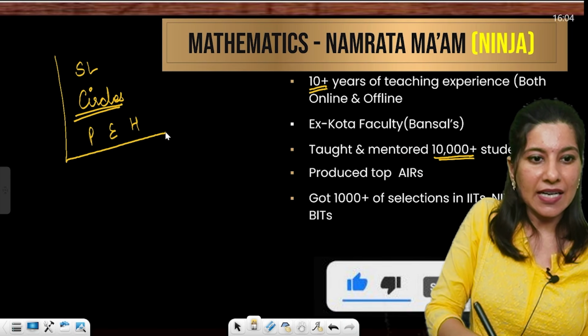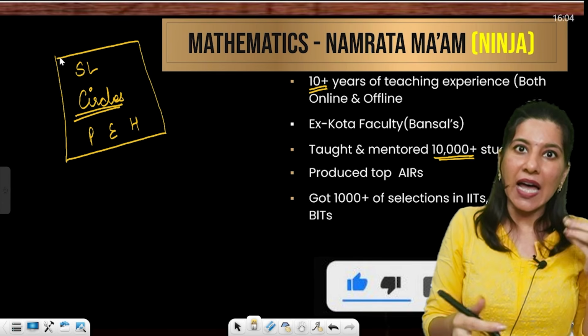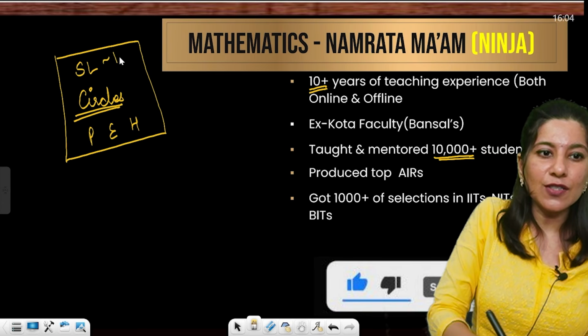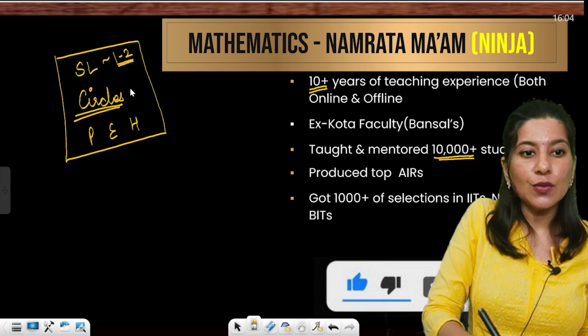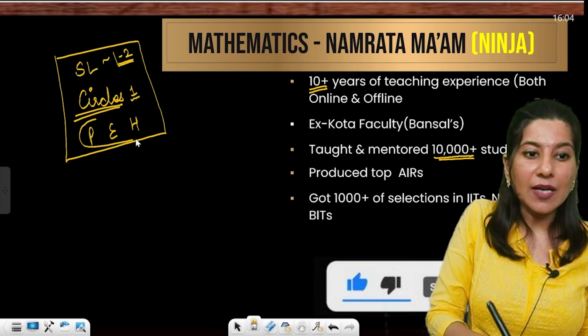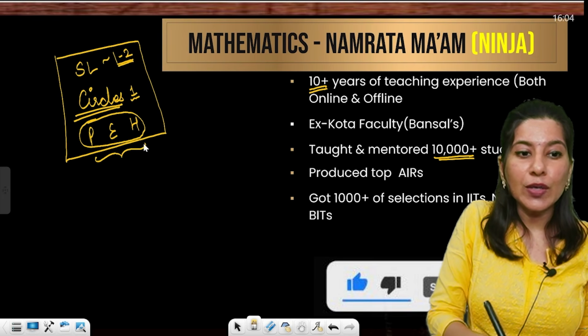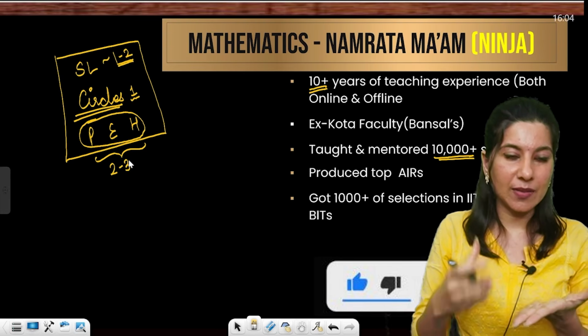Let us consider this as a single unit. I already told you from 1 to 2 questions. Same in circles also, you can expect minimum 1 question from circles, and for parabola, ellipse, hyperbola, you can expect 2 to 3 questions from conic sections.